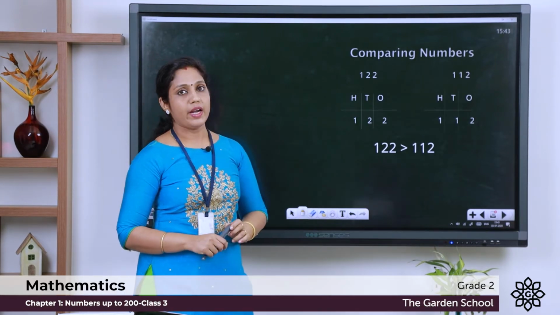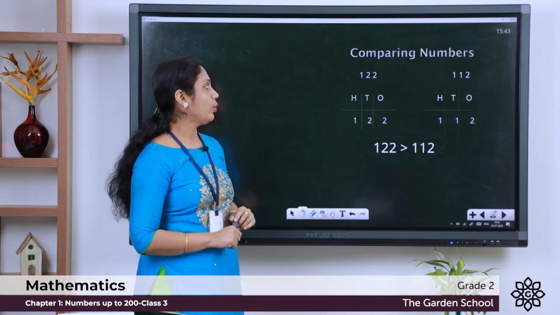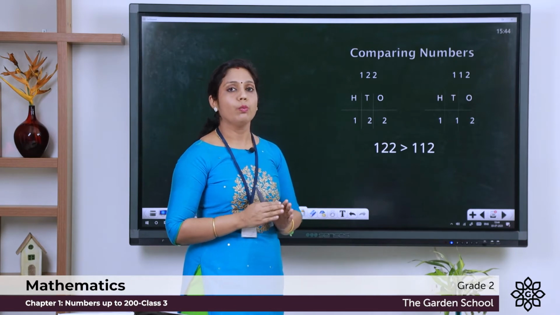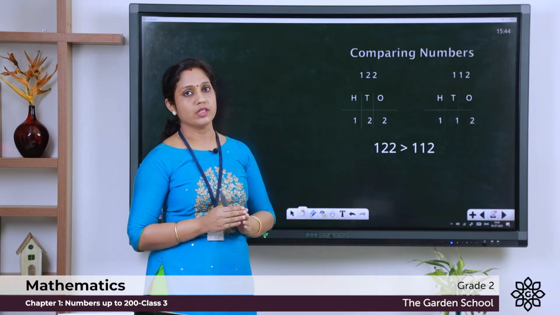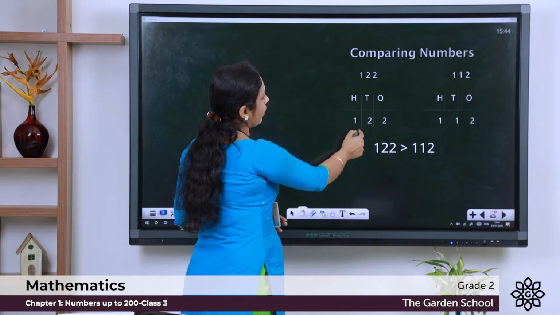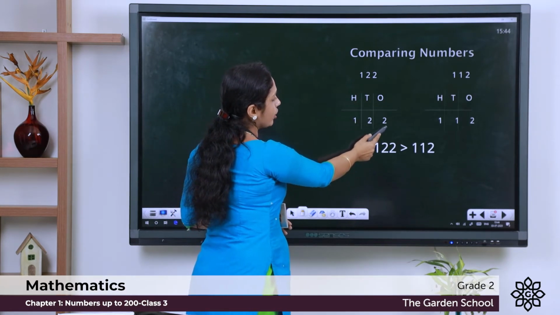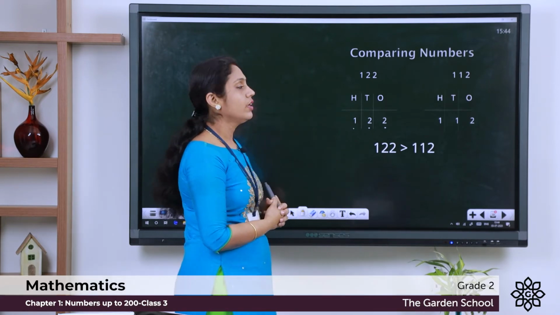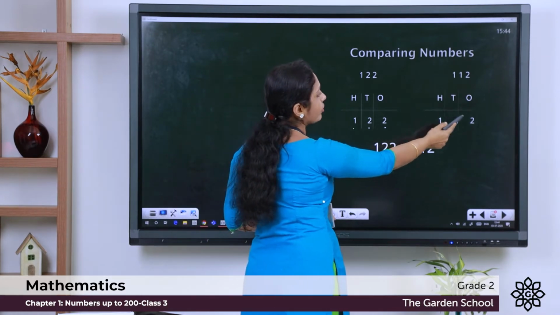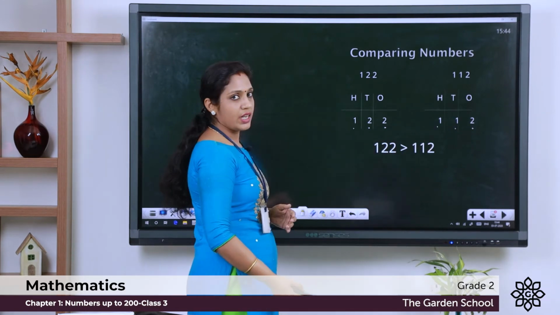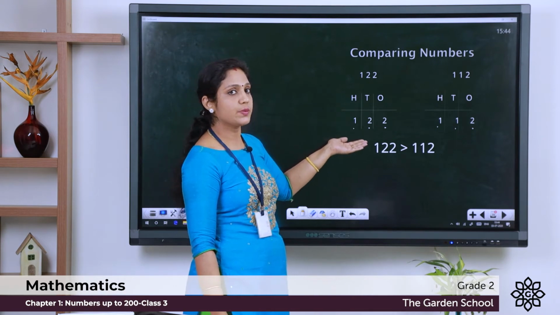Now, let's compare 3-digit numbers. Here we have 122 and 112. Both are 3-digit numbers. Now, let's check the place value. Here in this number 122, we have 2 ones, 2 tens and 1 hundred. In this number, we have 2 ones, 1 ten, 1 hundred. Let's start from the hundreds position.